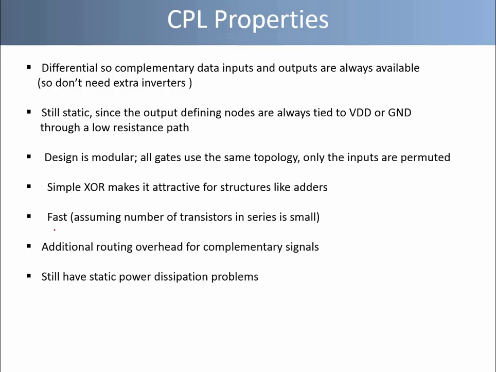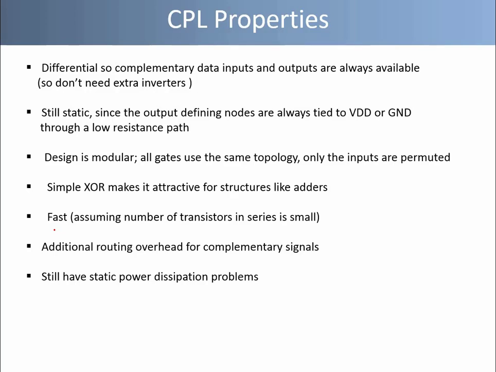Another advantage is that in case of CPL we have a very small number of transistors in series as compared to complementary CMOS logic, where we had a situation that the propagation delay was quadratically dependent on the fan ins because of having a large number of transistors in series.